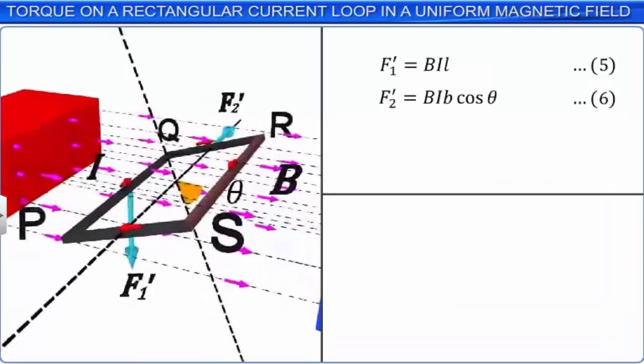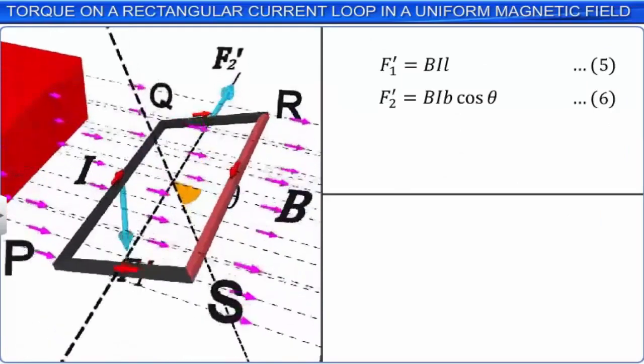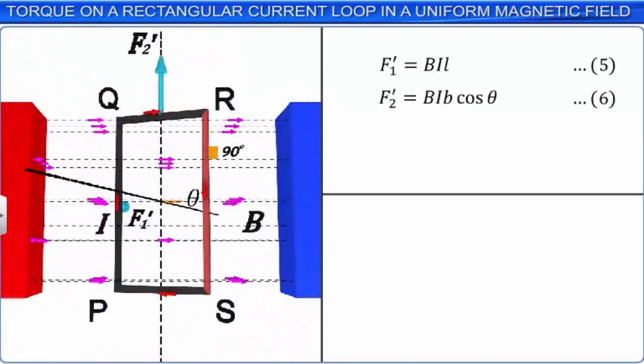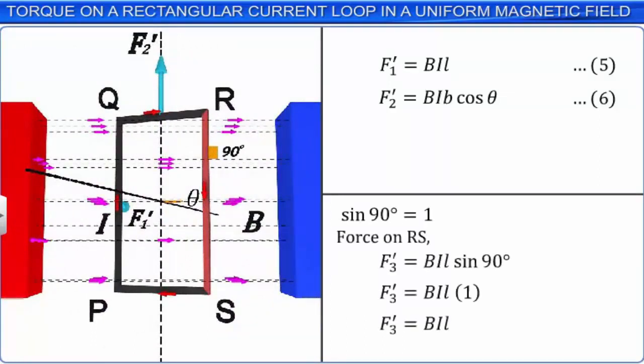The direction of current through the arm RS of the loop is perpendicular to the direction of magnetic field. Then, the force acting on the arm RS of the rectangular loop due to the magnetic induction B is F3' = BIL. Let this be equation 7.